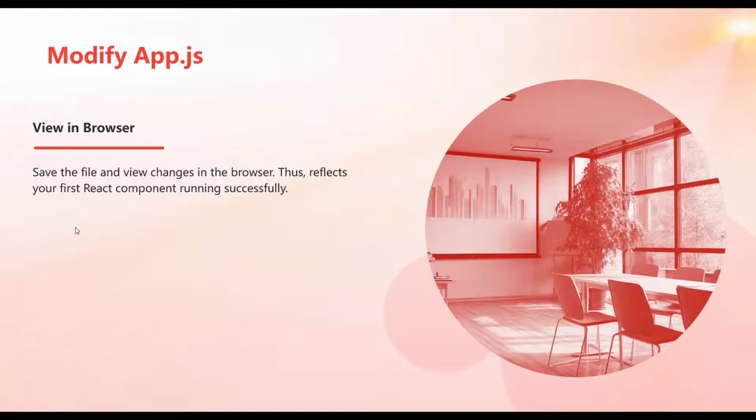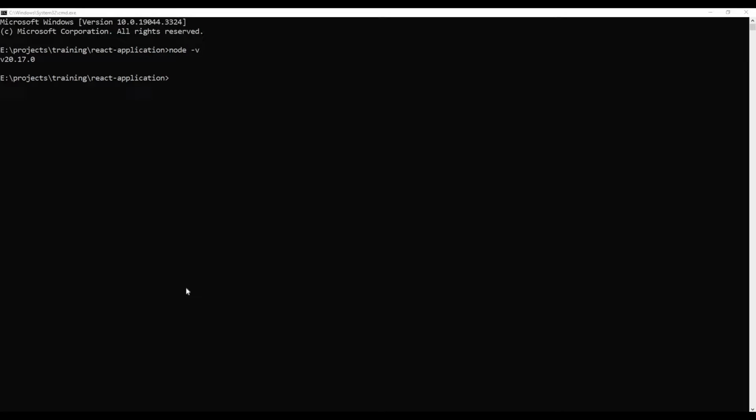Next, I am going to create this application on my local system, then update this JSX file, and accordingly we will see it in the browser. So let's see how we run the command and how it will look. As I said, we need to create applications.